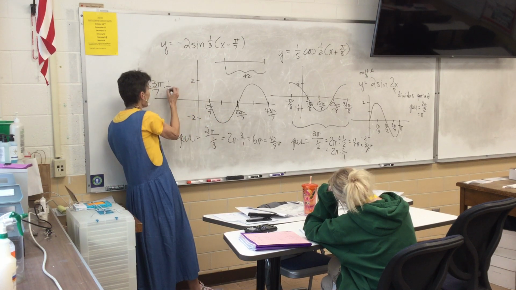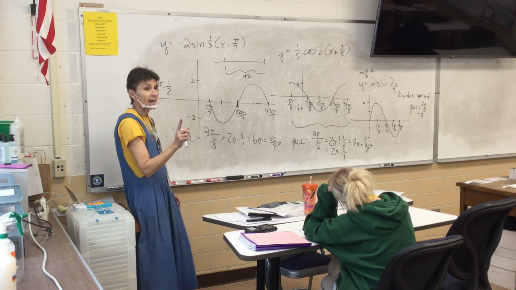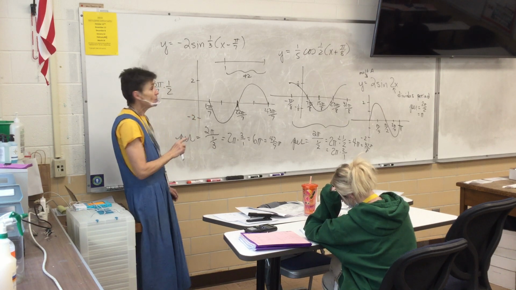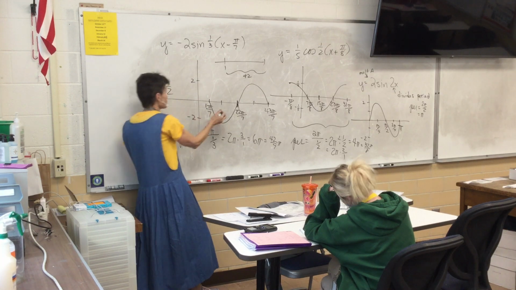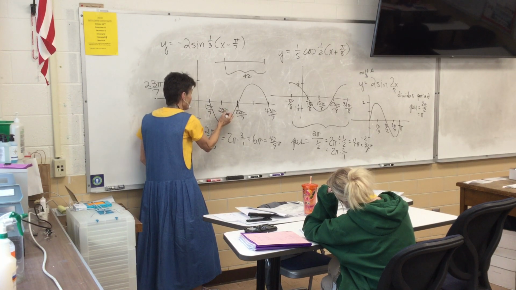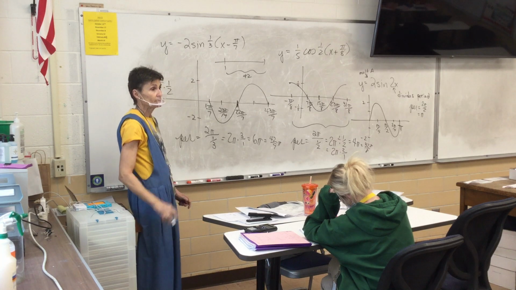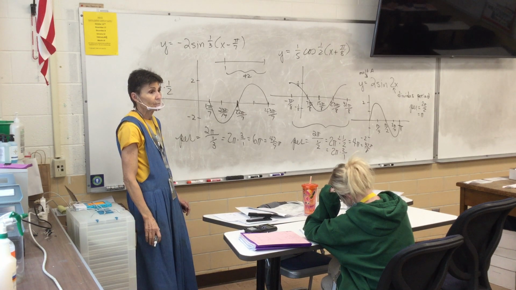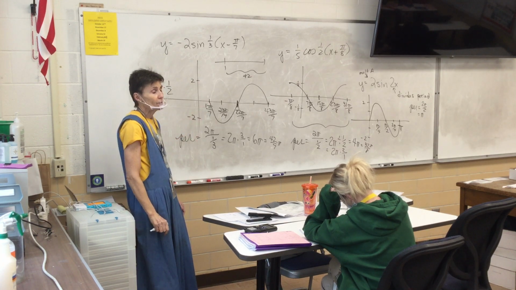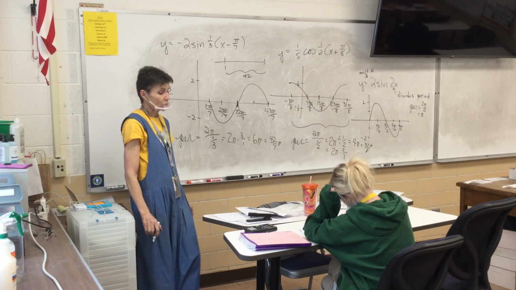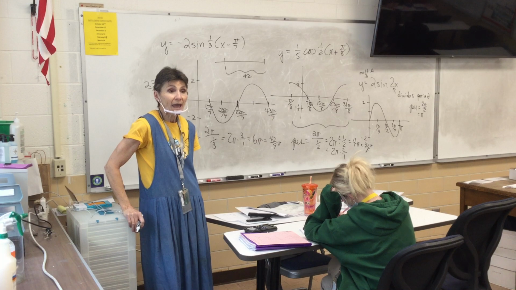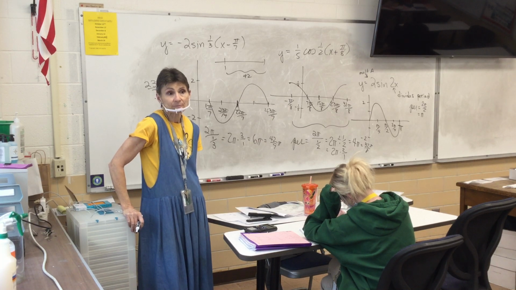Now I need to take half of that. Well, I can't take half of 23 evenly, so I'm just going to have to multiply by a half. So this label is actually going to be 23 pi over 14. Remember, when you find the midpoint, you add and divide by 2. When fractions are involved, you add and multiply by a half.